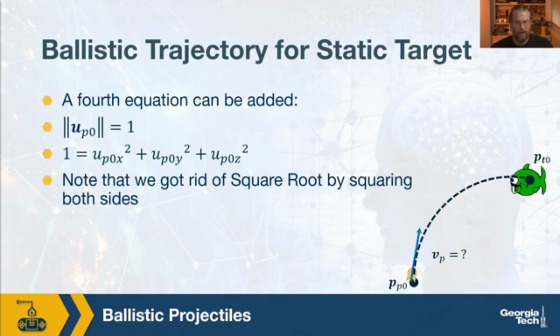Since we've got the equation set equal to 1, we could just square both sides and the 1 will just stay a 1. So we can just get rid of the square root, which is a nice thing to do generally any time you're trying to compute a solution with a computer. You want to get rid of those square roots.